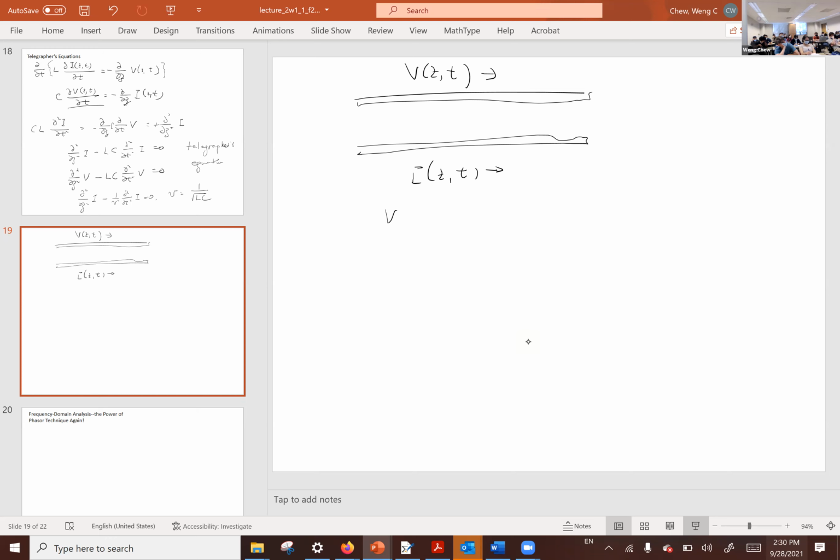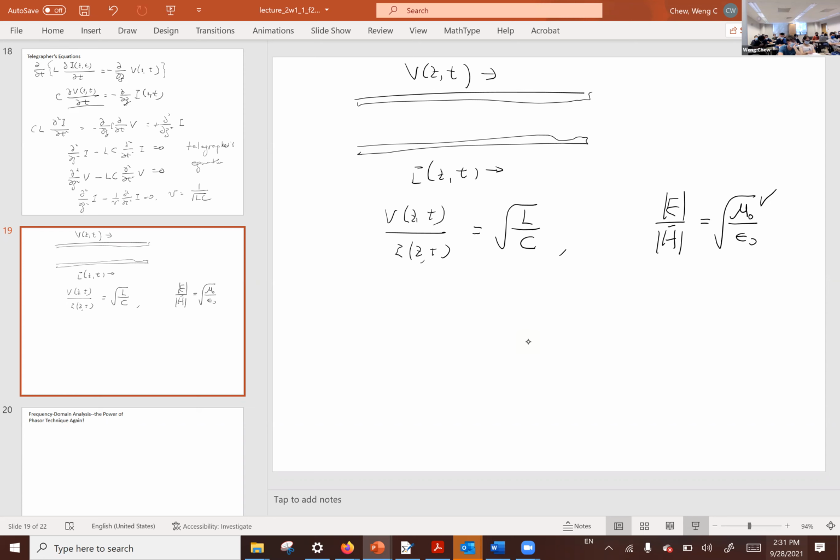this ratio, I'm not going to derive it, it's derived in the lecture notes. If you have no transmission line theory before, this ratio is the square root of L over C. And for the plane wave, you will remember that the ratio is mu naught over epsilon naught.